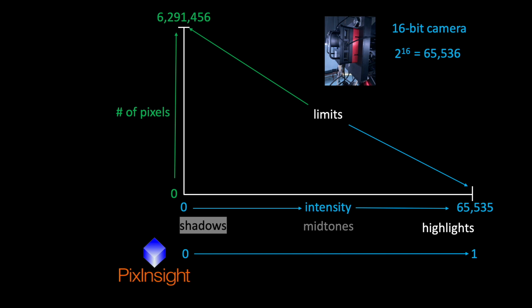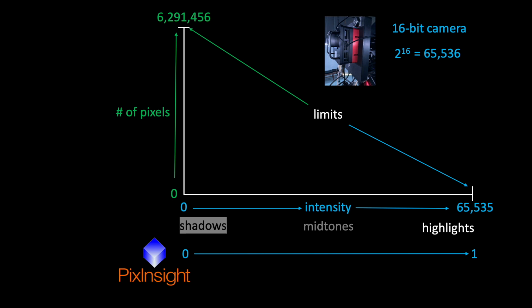So we end up having fractions between 0 and 1. A midtone, for example, in PixInsight might be something like 0.5, 0.4, 0.6, somewhere in there. Shadows would be 0 to maybe 0.3, and highlights would be maybe 0.7 up to 1. They overlap quite a bit, but it gives you an idea that even though we're scaling from 0 to 1 now, we still have the same idea of having shadows, midtones, and highlights.